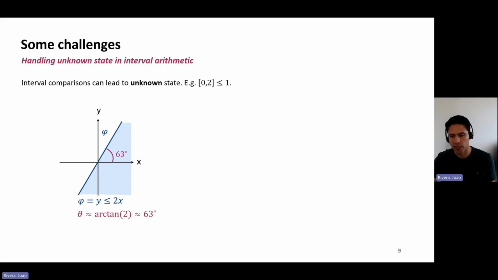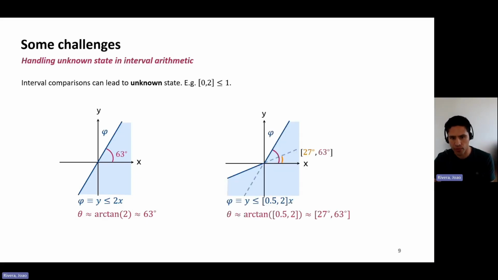So this angle is 63 degrees. However, this is using scalar constraints. Once you have interval constraints, if you repeat this process, you get the arctan of an interval, which gives you an interval of angles. These angles are between 27 degrees and 63 degrees for this particular interval inequality.